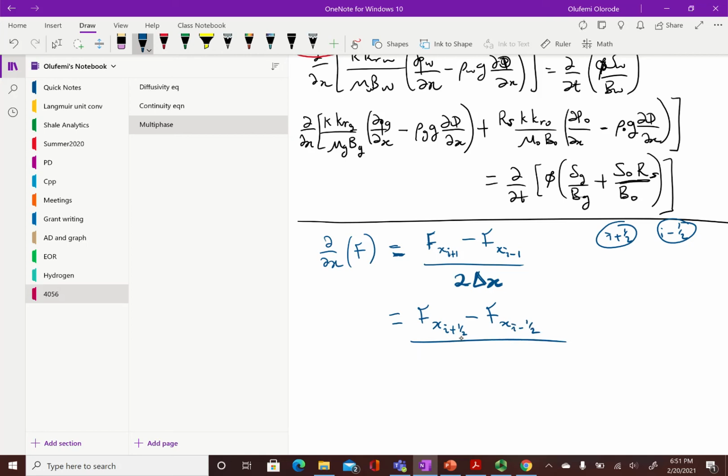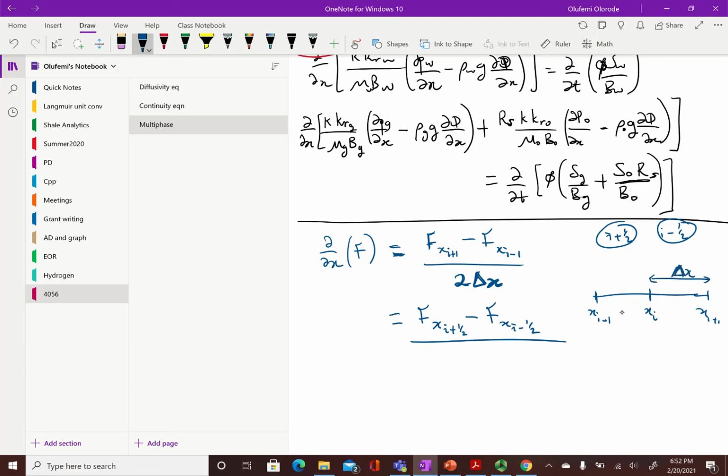Because we're looking at i plus half and i minus half, delta x is now, maybe I can show it here. This is x at i, this is i minus 1, this is i plus 1. So this is delta x.